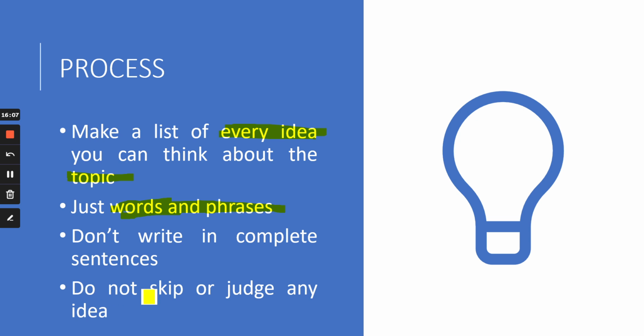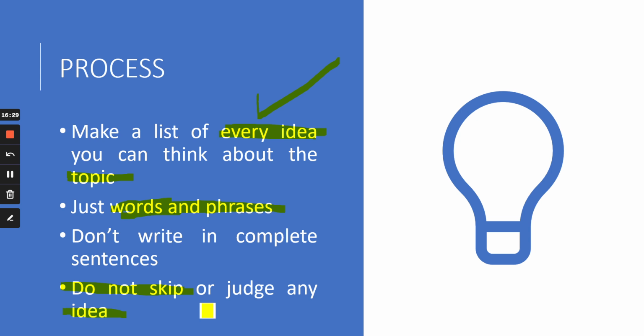But this is important. Do not skip or judge any idea. Whatever ideas you get, please note them down. Therefore, I've used the words make a list of every idea. That means do not miss, do not skip, and do not judge any idea. If you think, no, this idea is very stupid, it doesn't matter, just write it down.